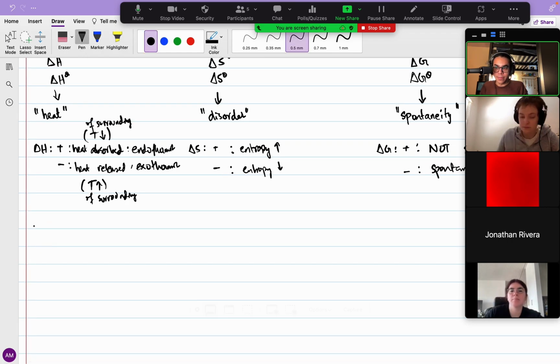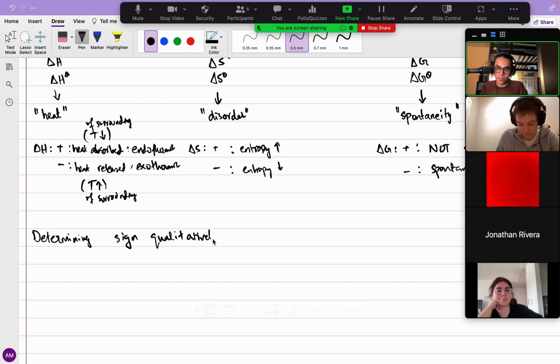All right, some qualitative remarks. Determining sign qualitatively. For delta H, it's pretty simple, right?